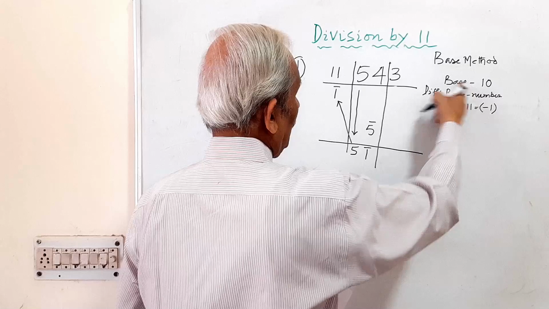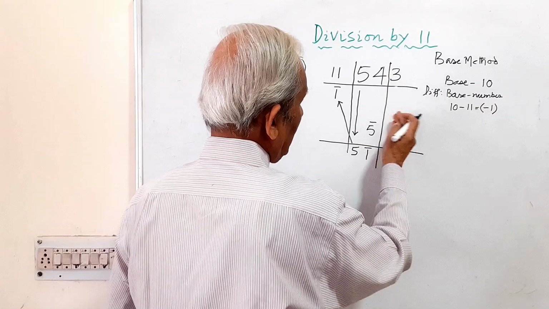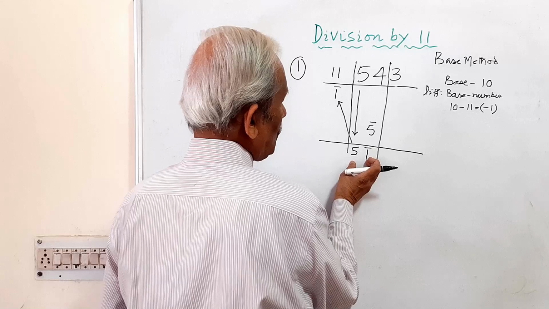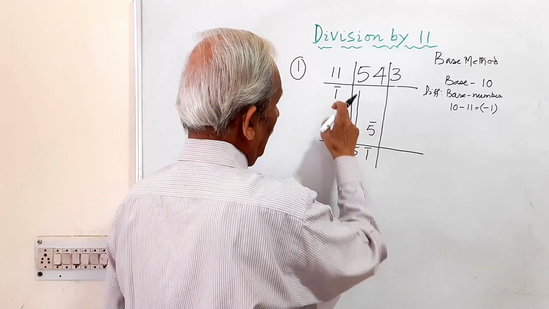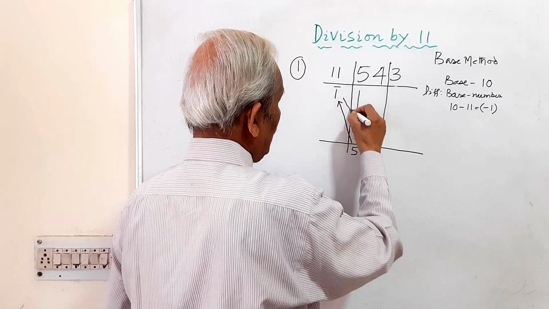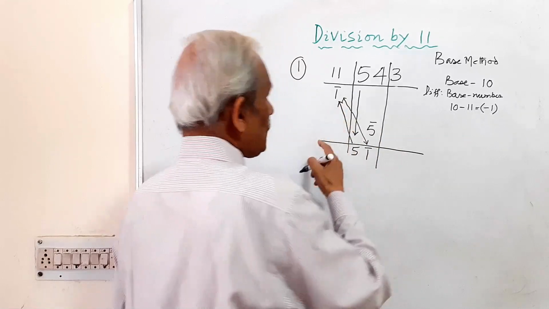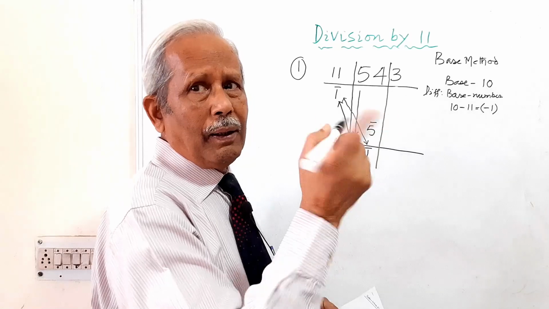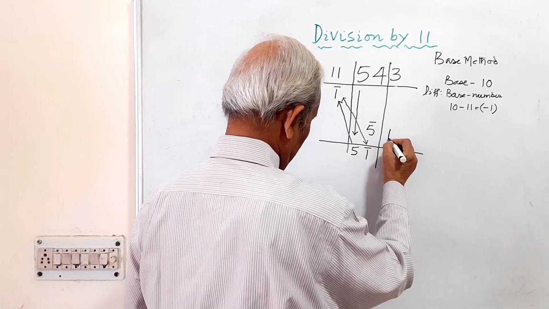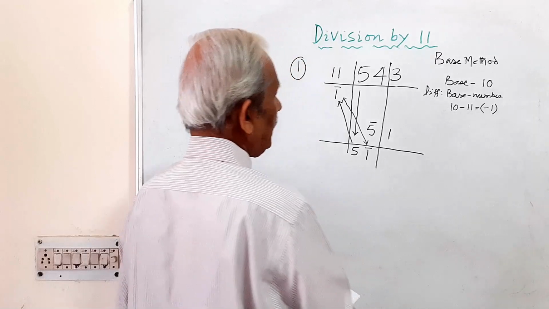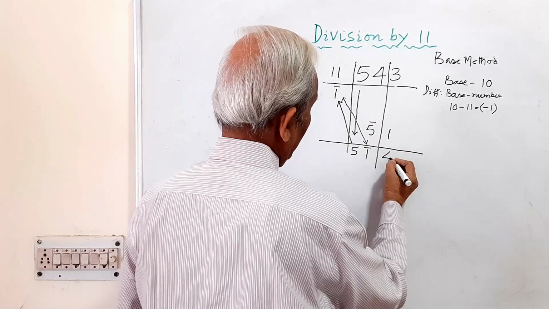If there is 1 zero, you put a line after 1 digit. This side is our remainder side. This side is our quotient side. Now we have got 1 bar here. Multiply this 1 bar with this 1 bar. 1 bar into 1 bar means minus 1 into minus 1 is equal to plus 1. So you write down plus 1 here. Okay. Now 3 plus 1 is 4.